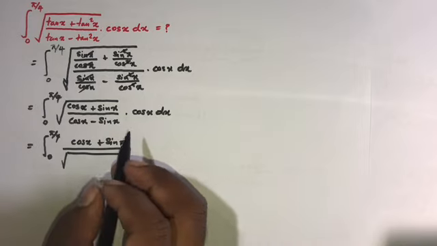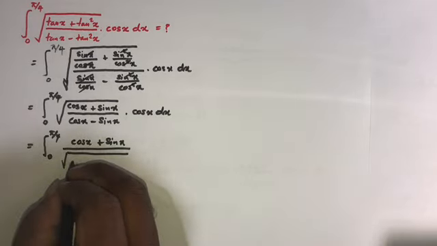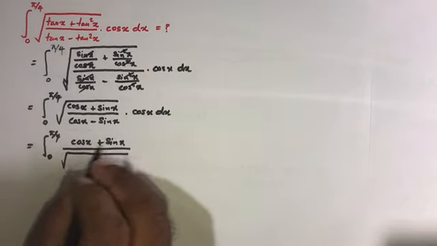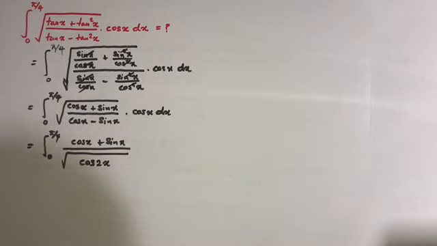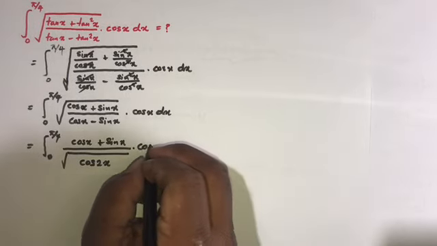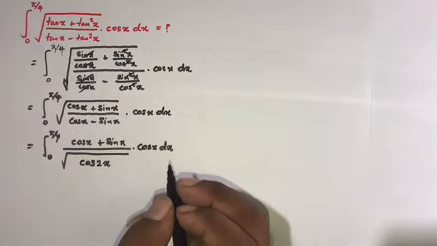So we know the difference of two squares, cosine square of x minus sine square of x, is equal to cosine of 2x, and here cosine of x dx.